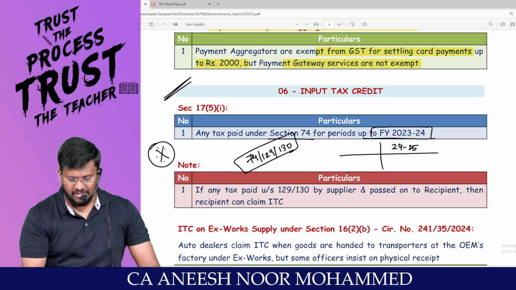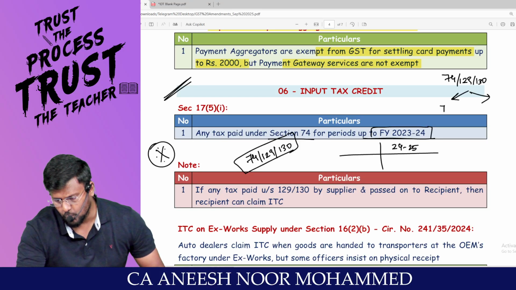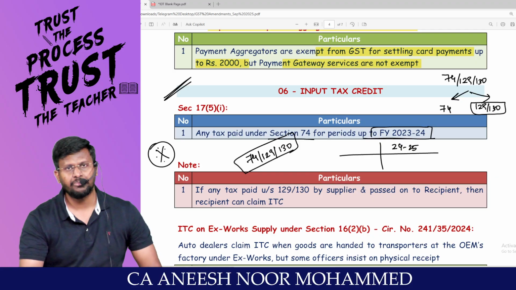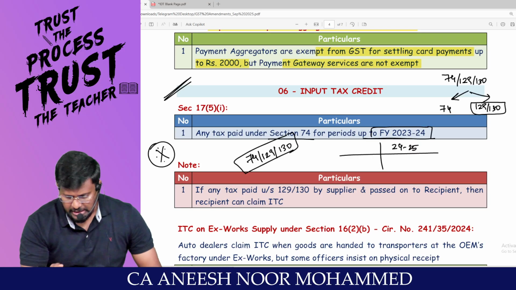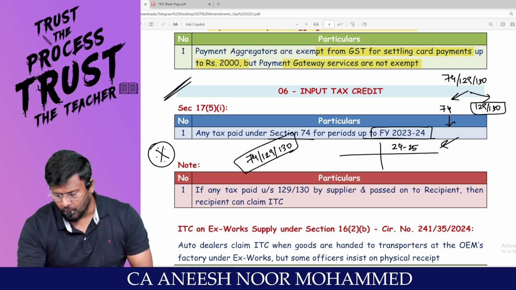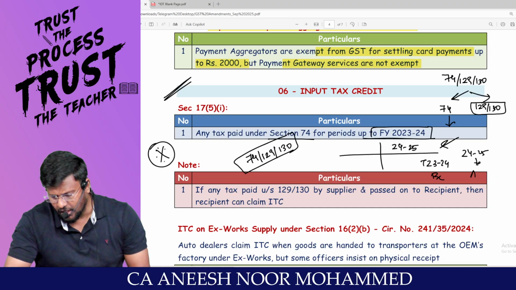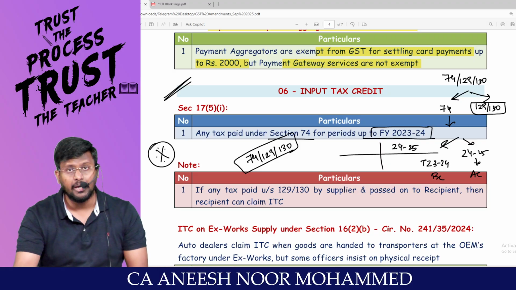But they have classified that 74, 129, 130 into two categories: 74, and 129 and 130. What they are saying is for section 74 till 23-24, it is blocked credit. That means from 24-25 onwards, it is allowed credit, my dear lovable students.